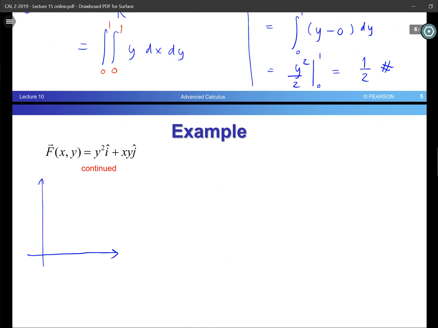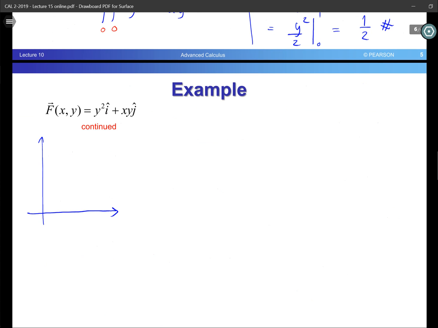This loop doesn't have to be a square, and it doesn't have to be a circle. It can be something else too. What if this same example has this loop instead, this path? So also 1 here and 1 here, but the path in this case is this triangle.